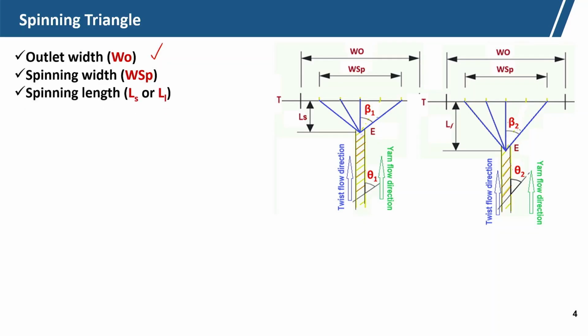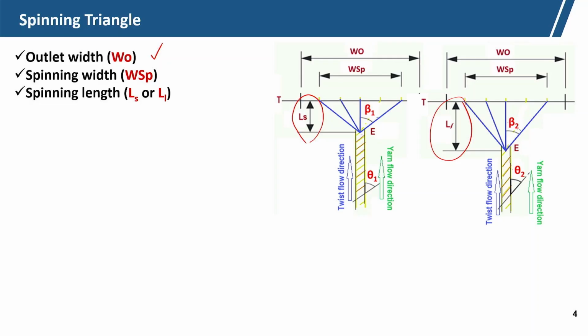L S and L L are the spinning lengths: L S is the spinning length for the short spinning triangle, and L L is for the long spinning triangle.